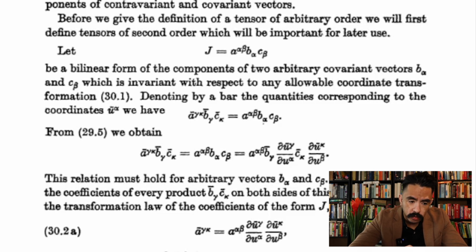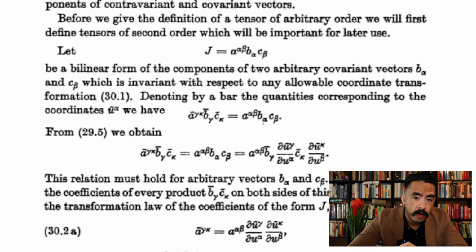Let capital J equal to a alpha beta times b sub alpha times c sub beta be a bilinear form of the components of two arbitrary covariant vectors b sub alpha and c sub beta, which is invariant with respect to any allowable coordinate transformation as previously given by u alpha and u over bar alpha. Denoting by an overbar the quantities corresponding to the coordinates u over bar alpha, we have a over bar gamma kappa times b over bar sub gamma times c over bar sub kappa equals a alpha beta times b sub alpha c sub beta.